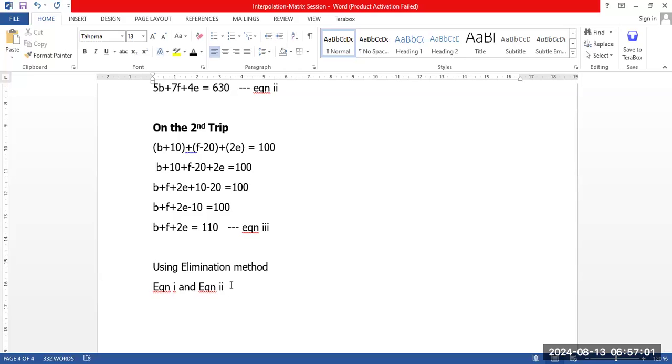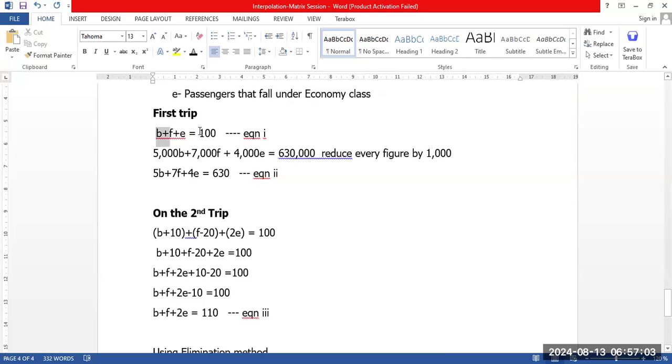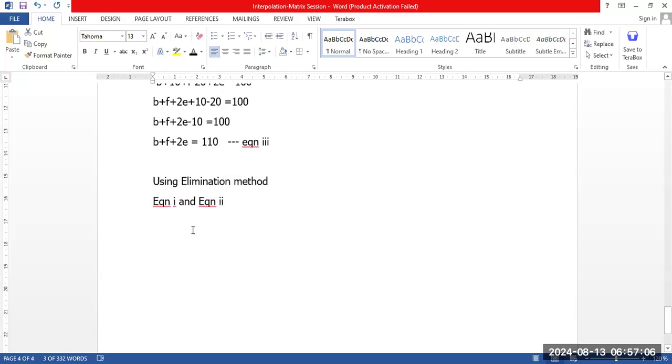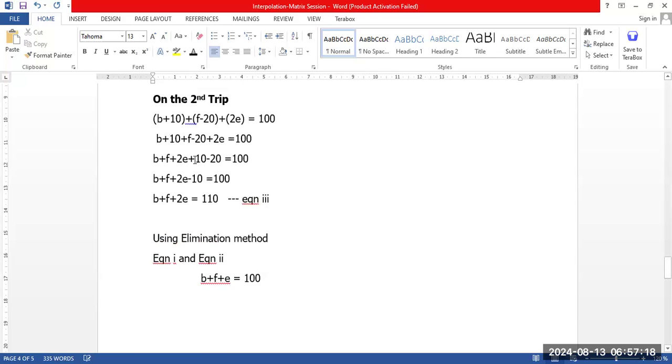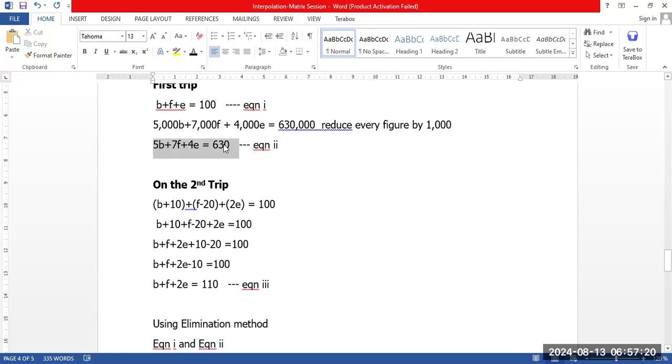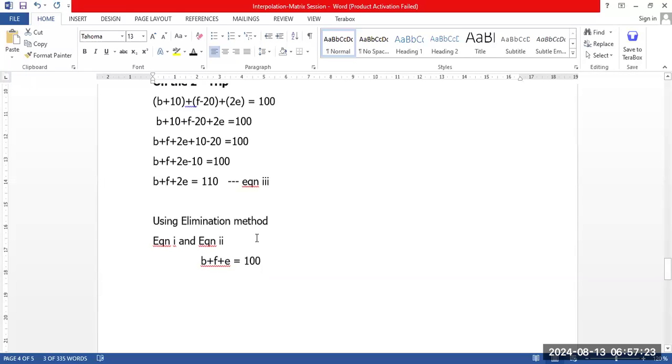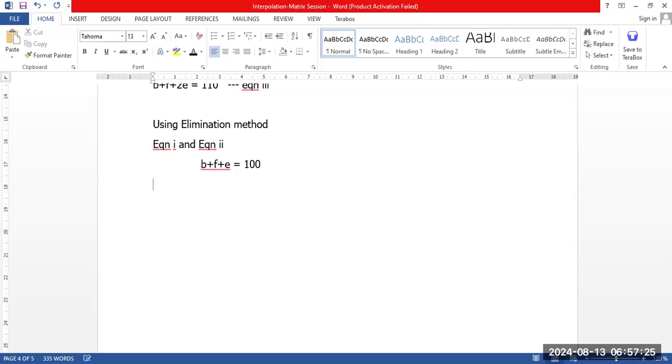Remember, our equation 1 is this one. Then that is our equation 1. Then our equation 2 is this one. That is our equation 2. We want to solve this.